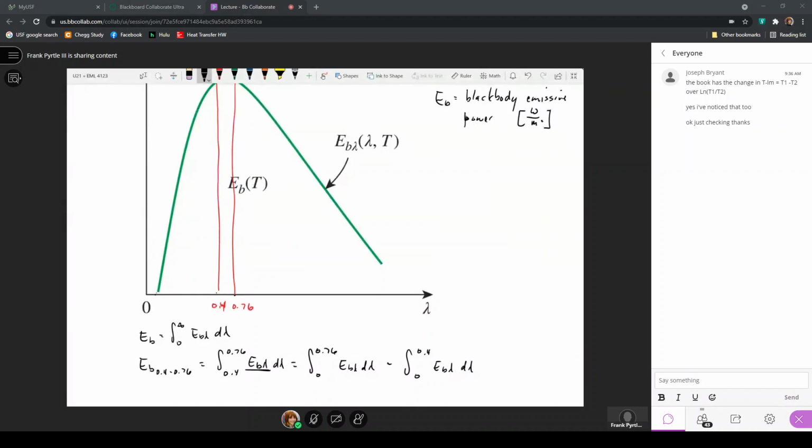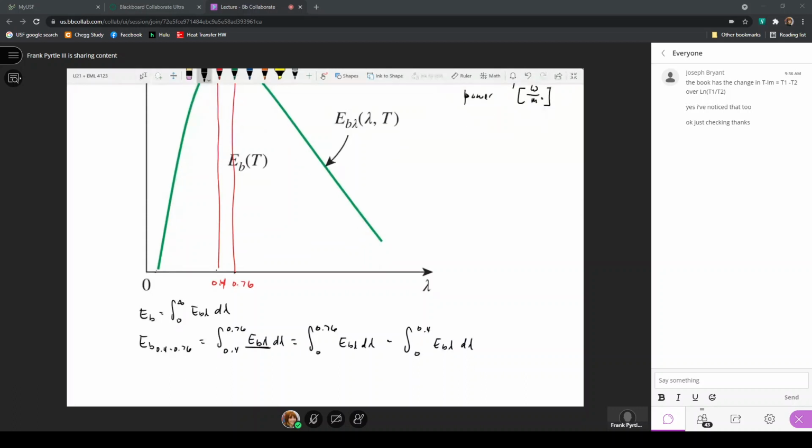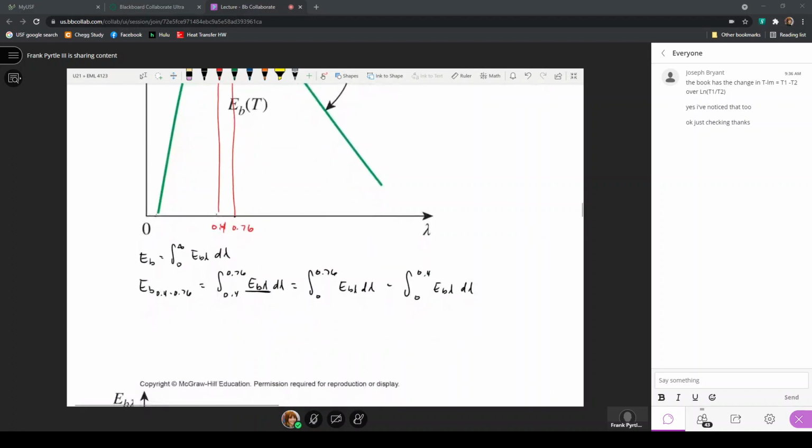This concept allows us to use what we call black body radiation functions, and all they are is expressions of integrals that are taken from lambda equals 0 to a particular wavelength for a given temperature. And we can define these fractions such that if I divide the black body emissive power by the black body emissive power, that's equal to 1.